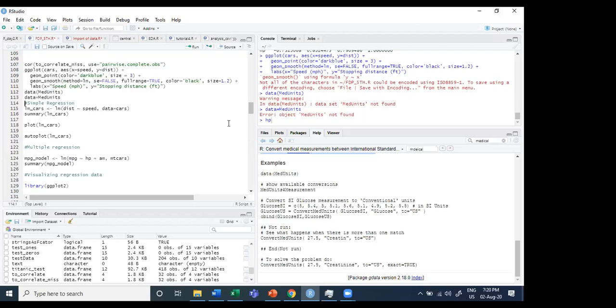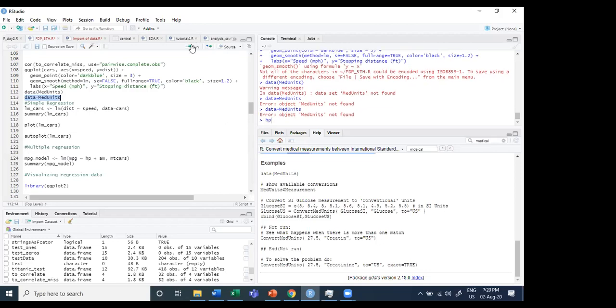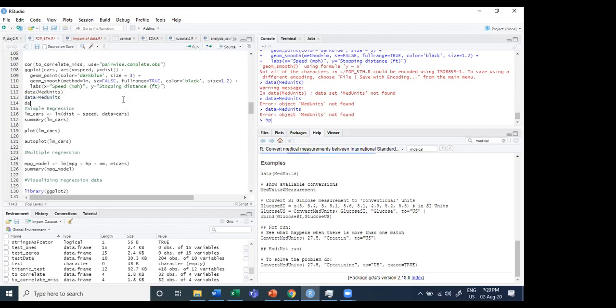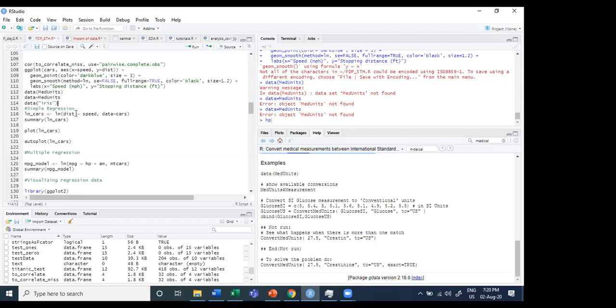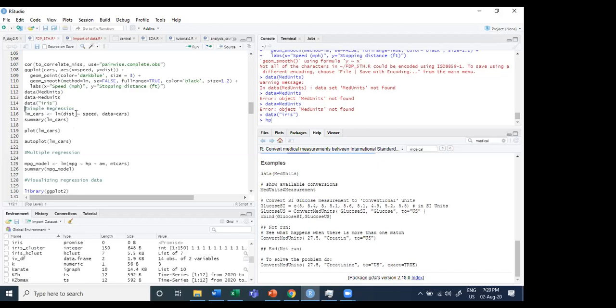So error is there. Data is equal to iris. This is the data. You can call it likewise.